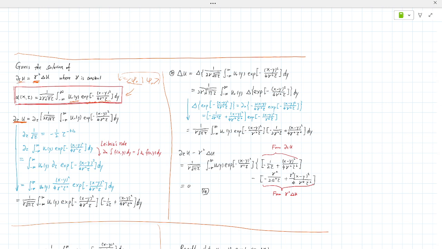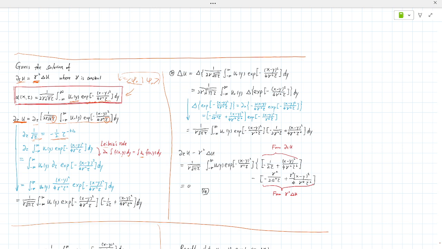First, look at the left-hand side. We put everything in, acting upon here and here. This is trivial, just 1 over square root tau. And using Leibniz's rule, because it is integrating through y, which is independent of x, you can actually put the derivative inside.